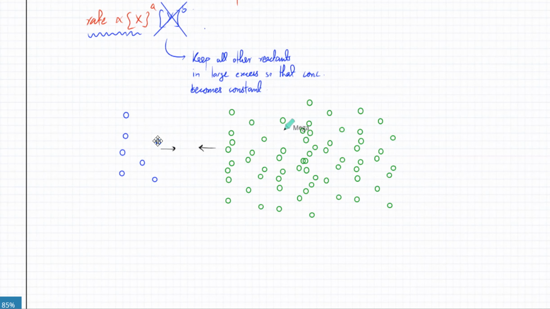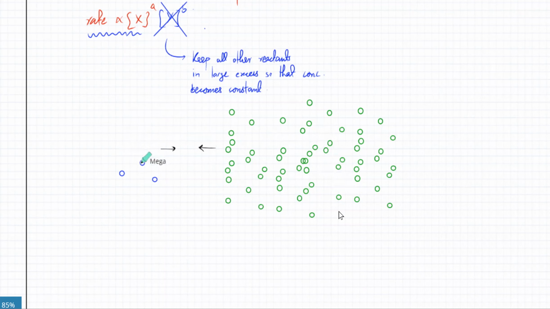One molecule of Y also reacts, but the concentration of Y almost remains constant. If half of X reacts, the concentration of X decreases by half, but the concentration of Y is still almost unchanged.